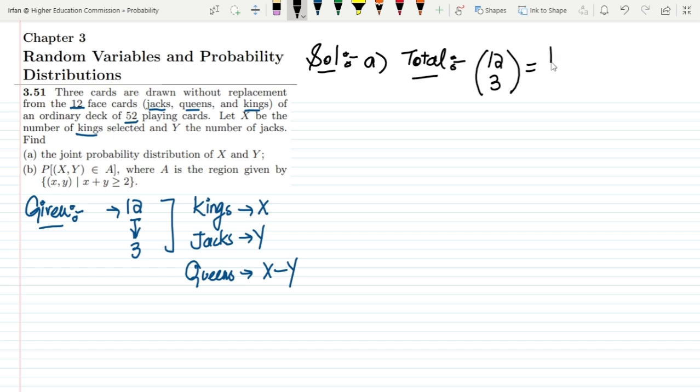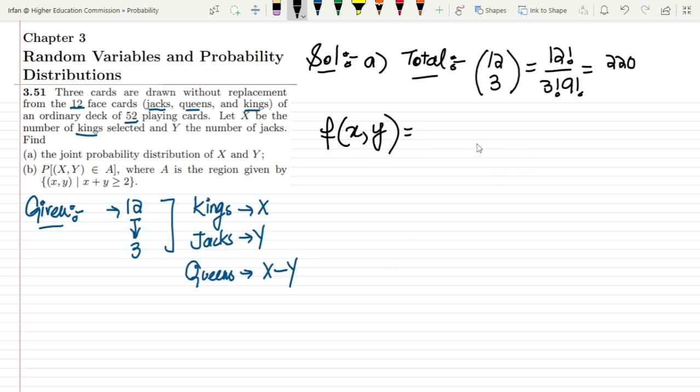Finding the solution of it, I will get 12 factorial divided by 3 factorial multiplied by 12 minus 3, which is 9 factorial, which is basically 220. So the total number of combinations which we can have here is 220. But in order to find the joint probability distribution of x and y, let me have here this f of x and y.